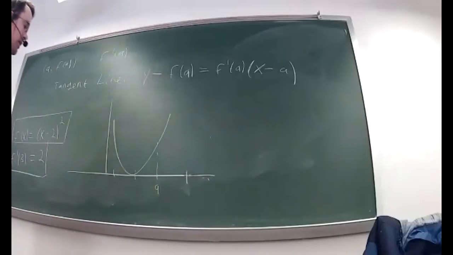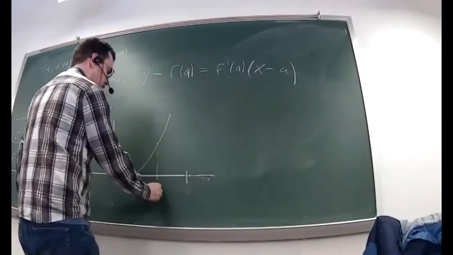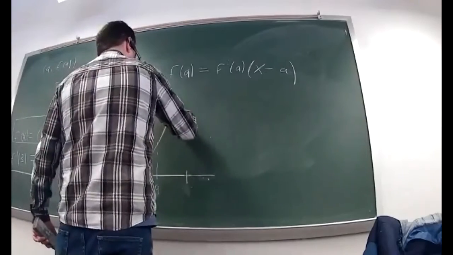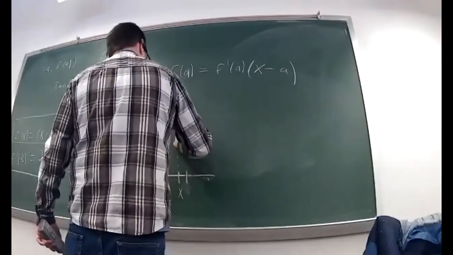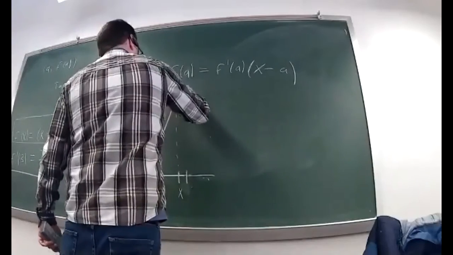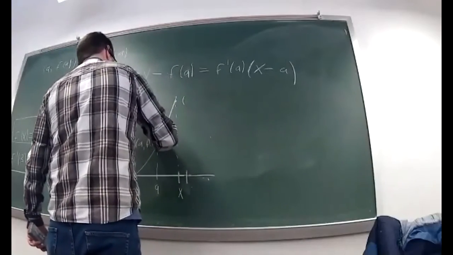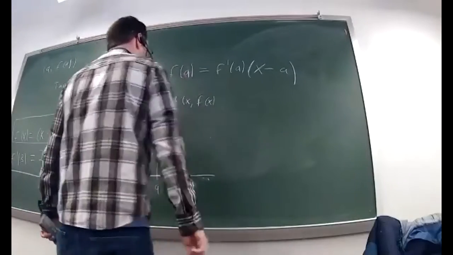Another way you could conceive of this is, instead of going from x to x plus h, you could go from a to some other variable, which you might as well just call x. So here you've got a, f of a, and here you've got x, f of x.